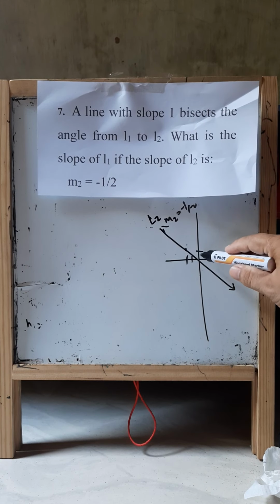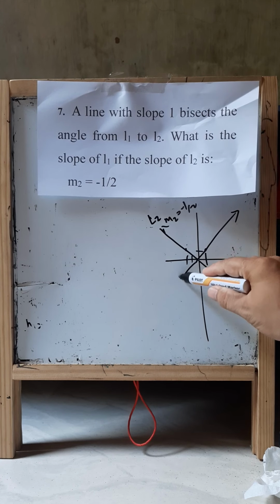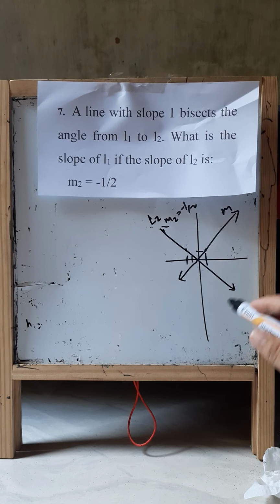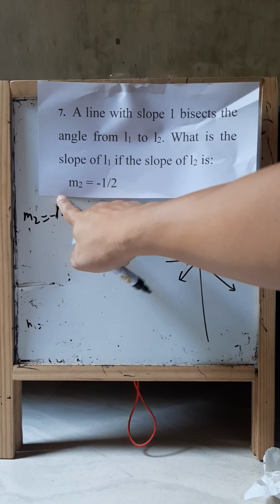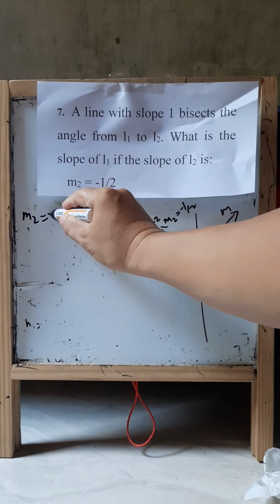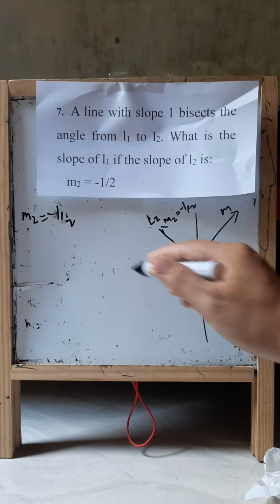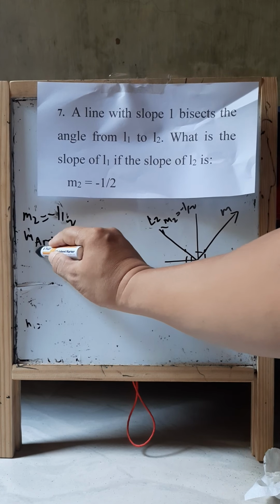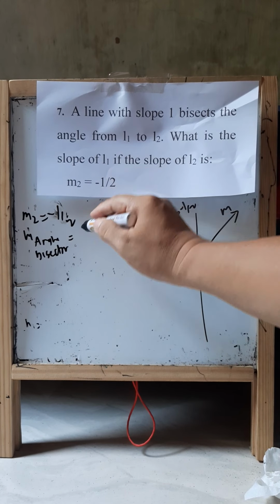So okay, somewhere here. This is the angle bisector m. So what is the slope of line 1? We'll try to solve that. So for slope of line 2, we have negative 1 half, and for the slope of the angle bisector is what? 1.